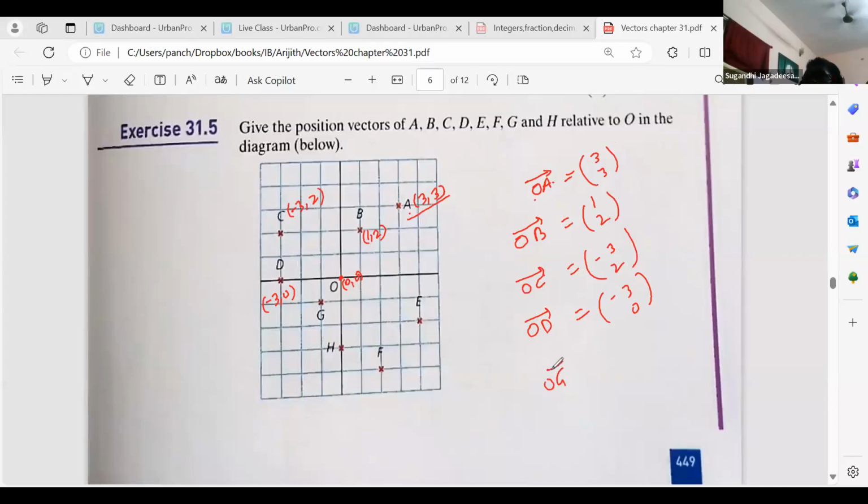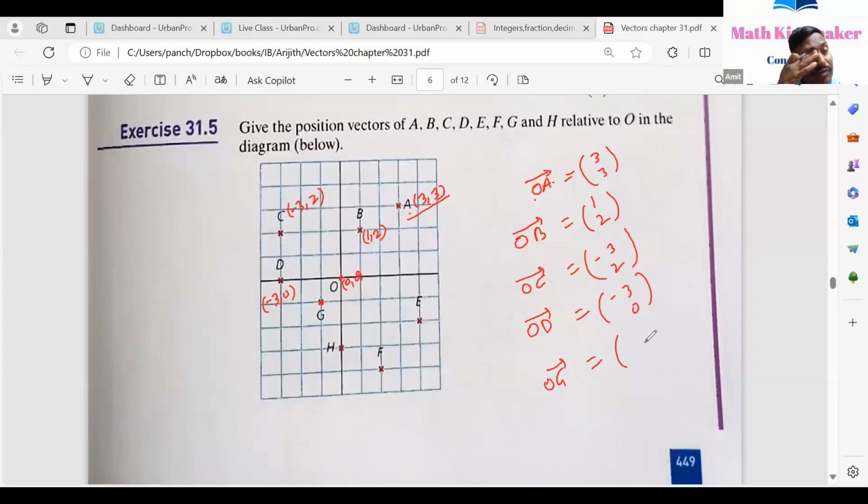Now position vector of G will be what? So it would be G. So OG will be, okay, how much?